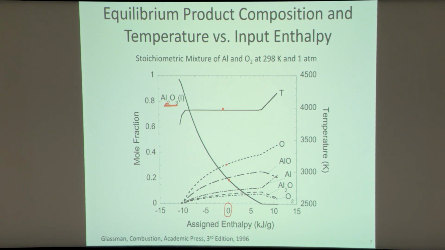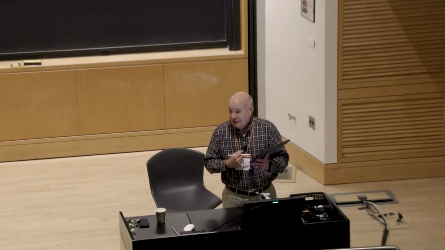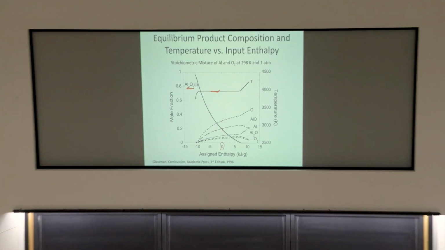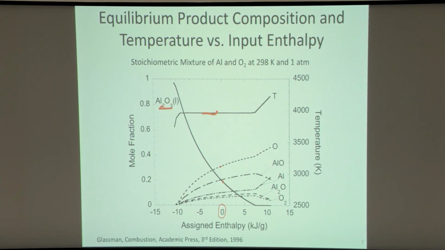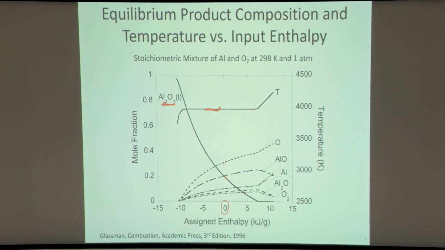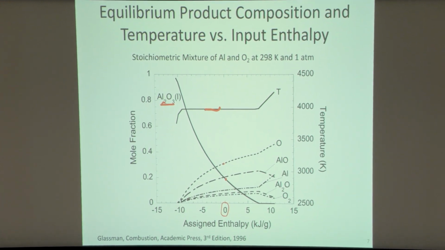But what I show in this calculation then is suppose I remove enthalpy from the initial reactants, or suppose I add enthalpy. You can think of the idea if I remove enthalpy, it's like a heat loss in a real problem. So if I start taking enthalpy away from the initial mixture, notice the flame temperature doesn't change. It's being limited by the fact that I've still got gas phase species and liquid phase species together.